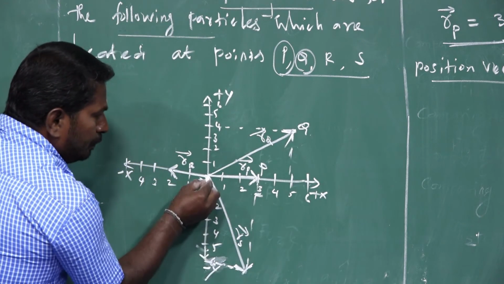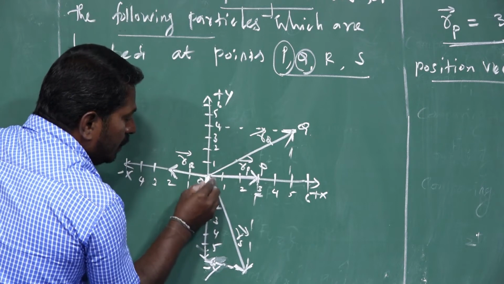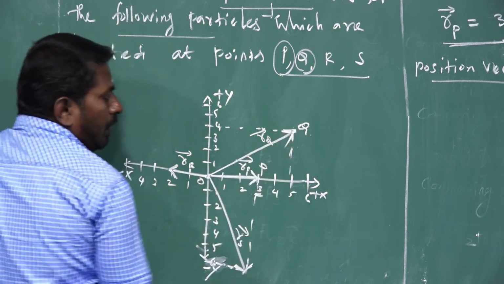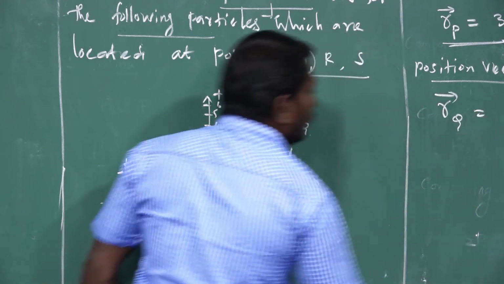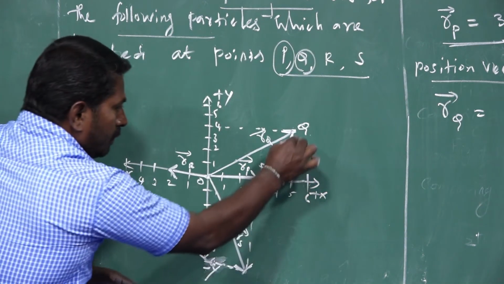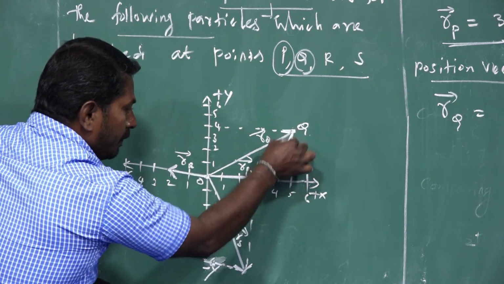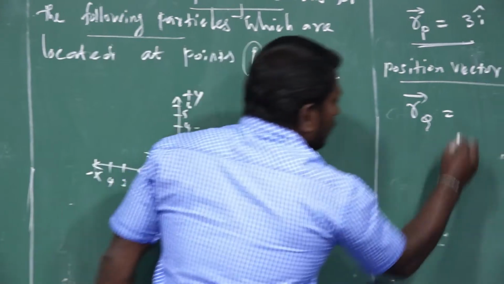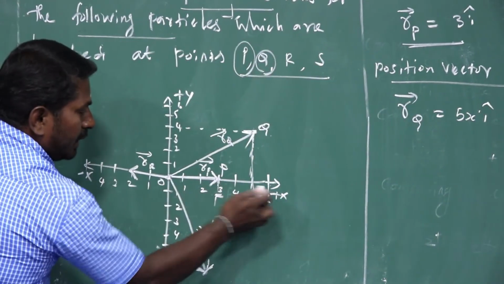So therefore, the position vector at point Q from the origin, R vector at point Q, is equal to 1, 2, 3, 4, 5, so 5 i cap along the x-axis.